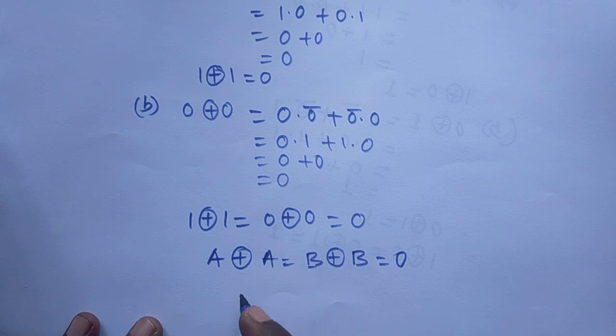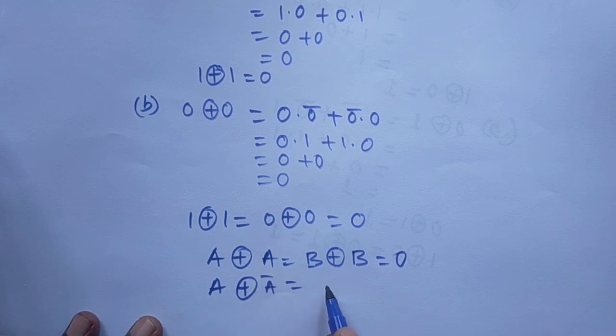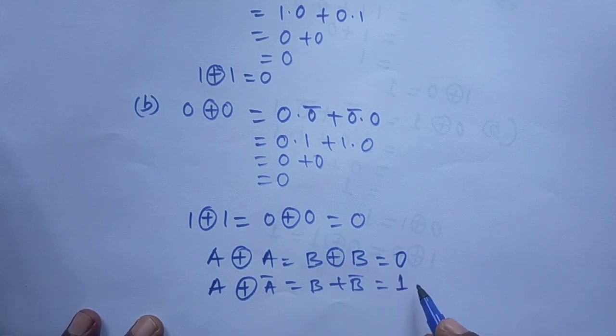Opposite means A, we can write A and A complement, for opposite A for A complement. Similarly B for B complement, opposite values, so it must be 1.